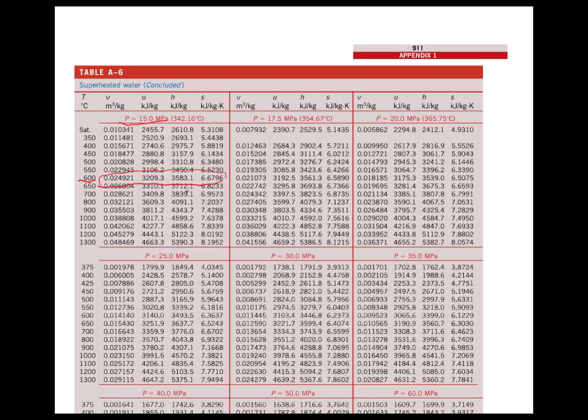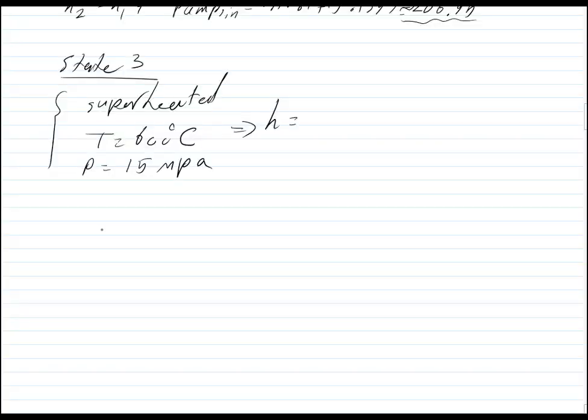The enthalpy is this much, 3583, and also the entropy we can find here. So from the table we found h3, which is equal to 3583.1 kilojoule per kilogram. So we found the enthalpy also for state 3.